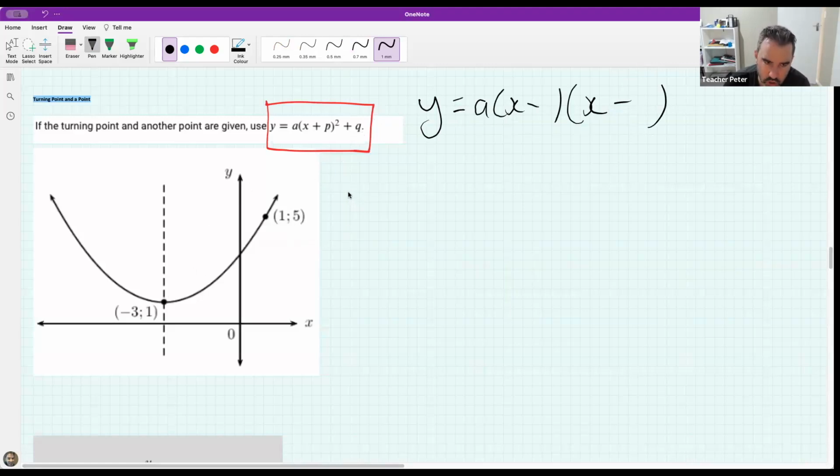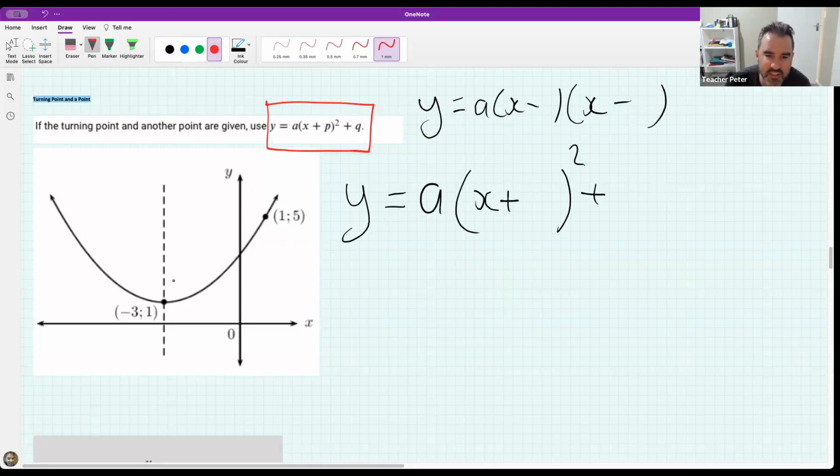So I'm going to start by saying, look, I know that I need an a, but I don't know what the value is. I then have an x plus something squared plus another something. Now, with a turning point, the really easy one is this value here.